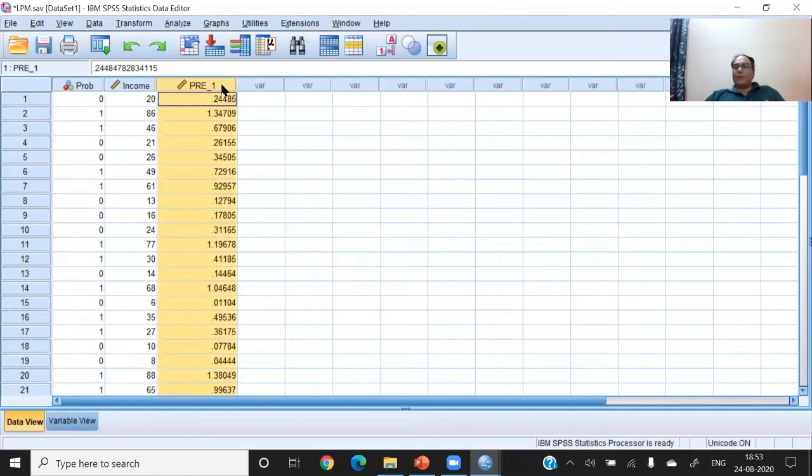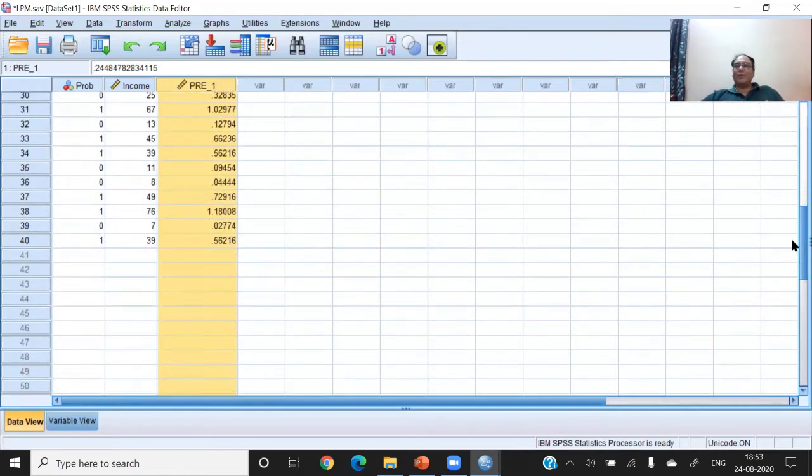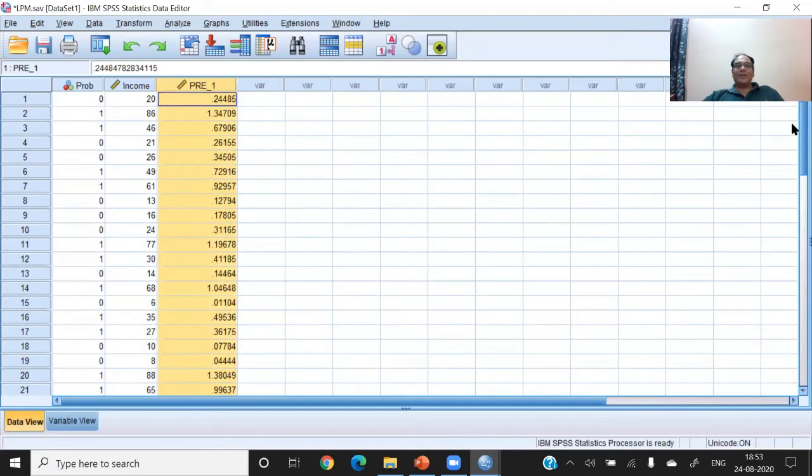If you see the predicted values, you can observe a very simple problem in the probability. I hope you can make a guess. I'm showing you the probability of the prediction as per the linear probability model, and you can identify the problems in the prediction very easily. So tell me, what is the problem?